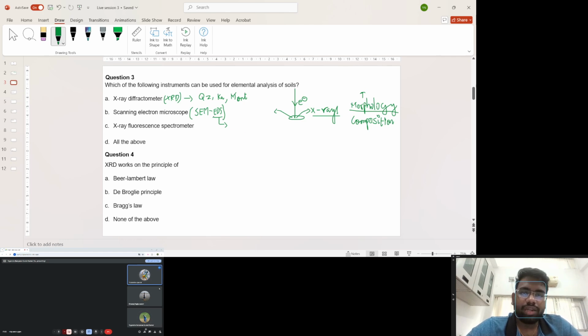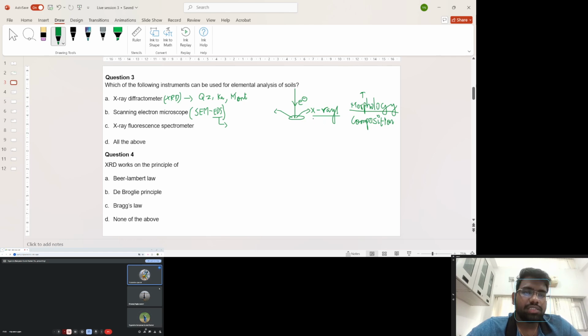Now, when you combine it with EDS, that is energy dispersive spectroscopy, during this process, when you hit the material with the electron beam, X-rays will be dispersed.